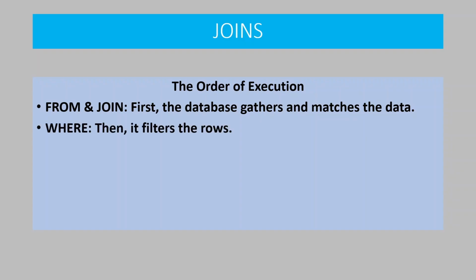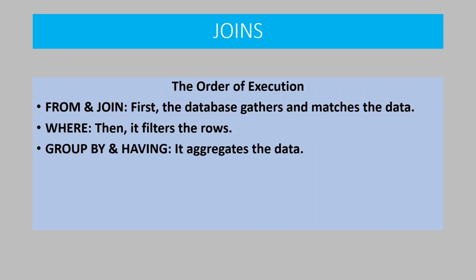Then WHERE, because once we have decided which tables we need to access, we can introduce the filter to those tables. The third is GROUP BY and HAVING. When you have summarization or data aggregation, we use GROUP BY and HAVING, where GROUP BY executes first and then HAVING.